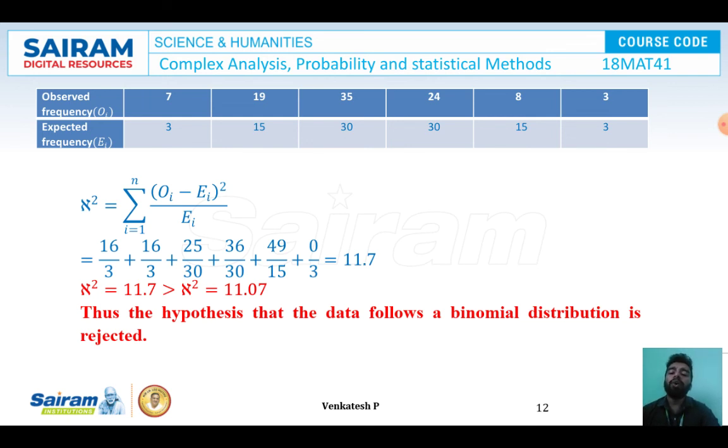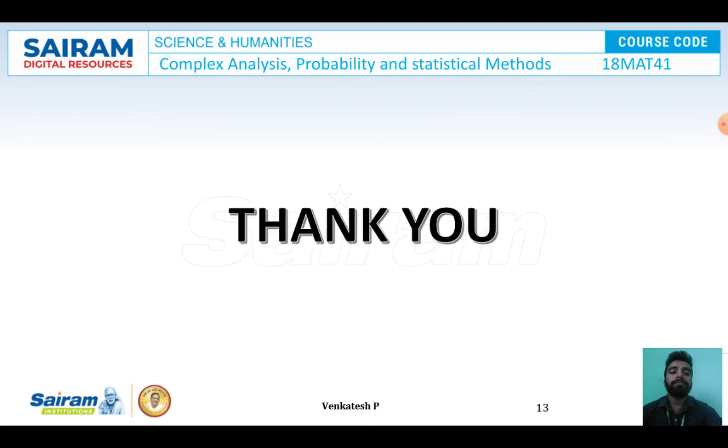Hence we got the chi-square value 11.7, which is greater than 11.07. So we can conclude that the given data is not following the binomial distribution, and the hypothesis is rejected here. Thank you.